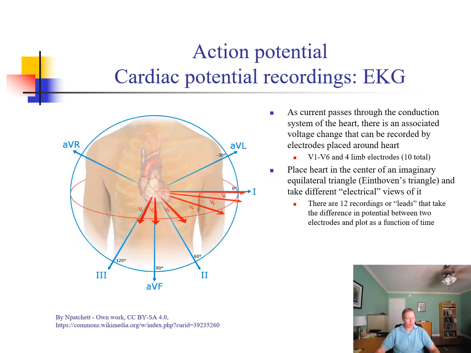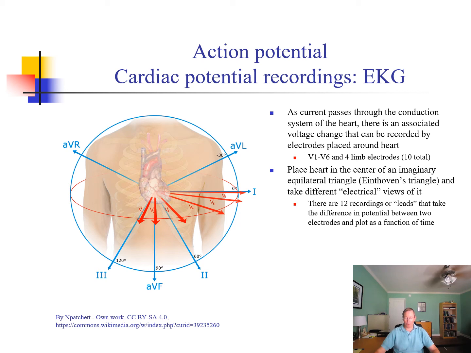So it turns out that you can measure this, and this was measured more than 100 years ago by a biomedical engineer, before there was biomedical engineering, who placed electrodes on the surface of the skin. And we use this clinically many, many times. It's called an EKG or sometimes an ECG. We can put surface electrodes in various places around the heart.